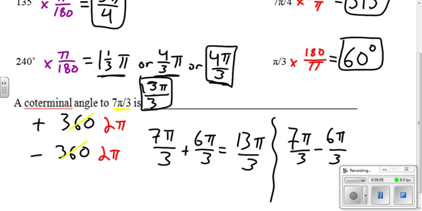In the other case we subtracted our 360 degrees, or 2 pi, or the 6 pi over 3. So we'd be left with pi over 3. So these are our two answers here. And that would take us next then to the unit circle.